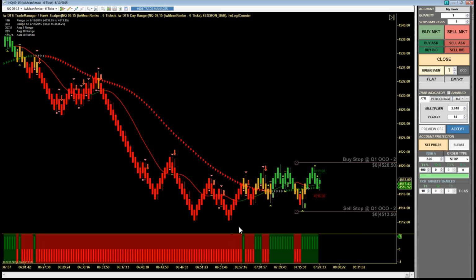And of course, if you want to do the OCO, you can expand your range. You can sell below here. You could buy above this little high here.